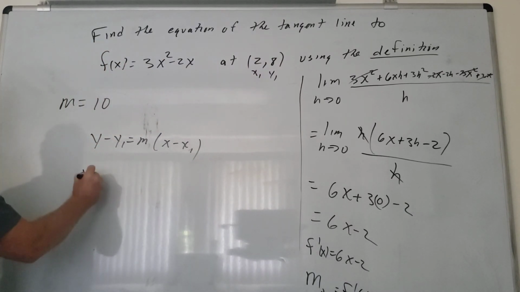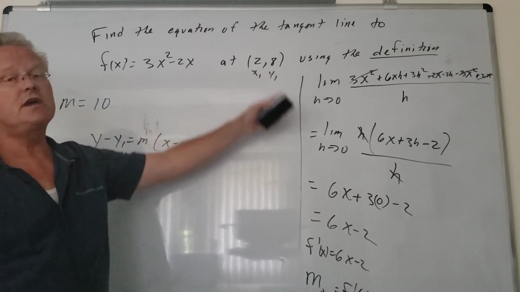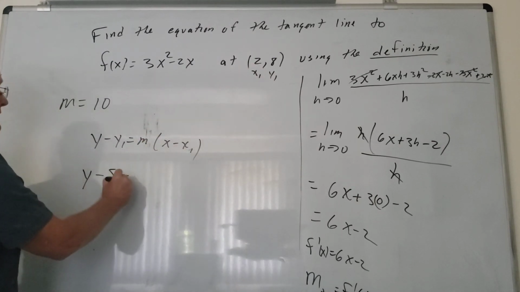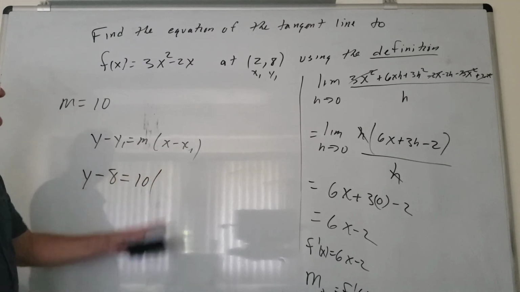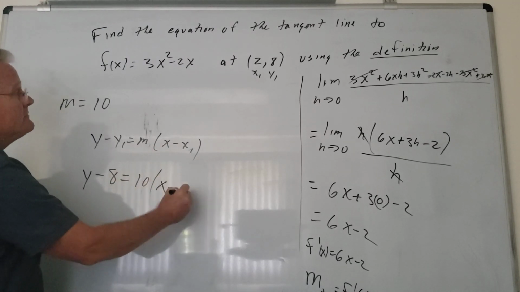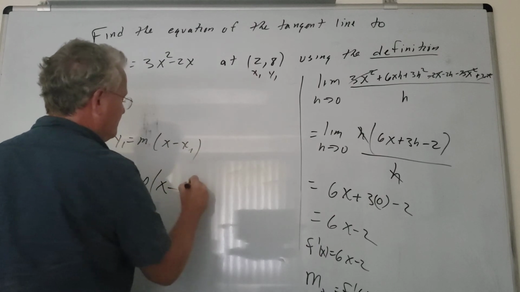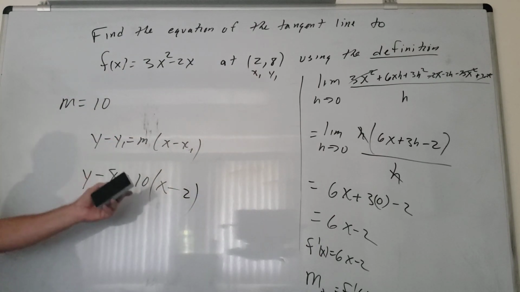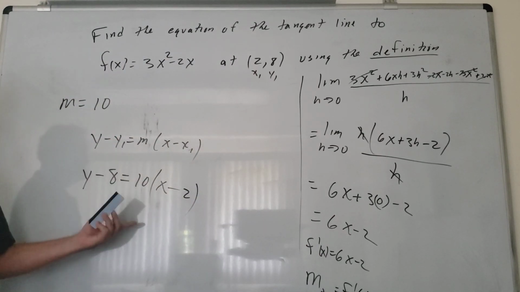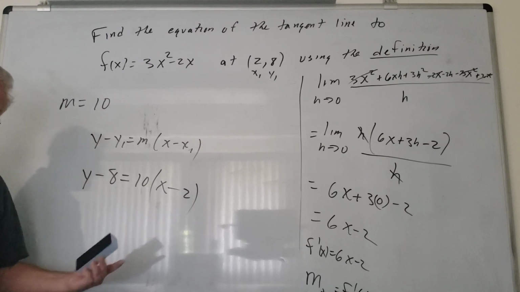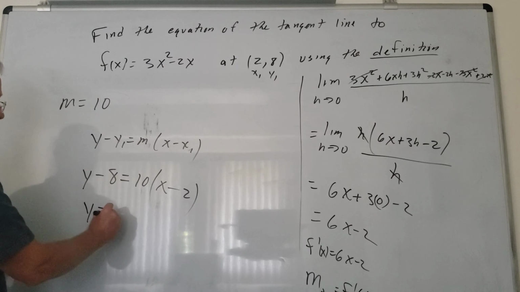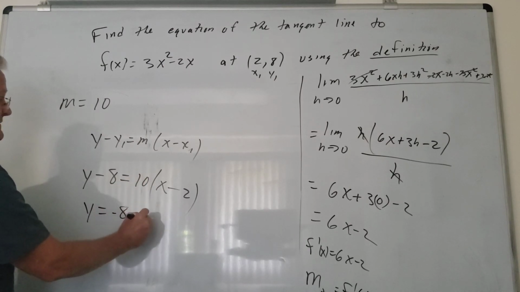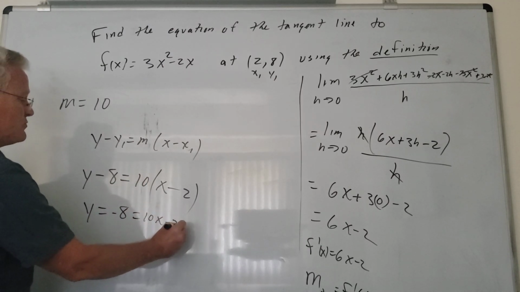So we have y minus 8 equals 10, which we calculated for m, times x minus 2. What I usually want is the slope-intercept form, y equals mx plus b, so we want to isolate y. Distributing the 10, we get 10x minus 20.